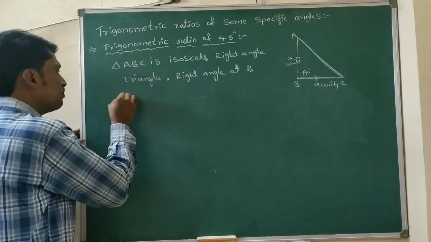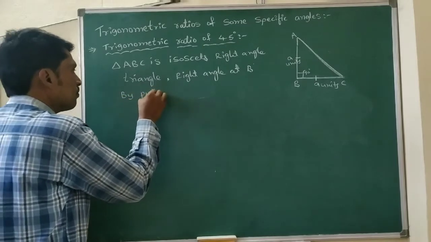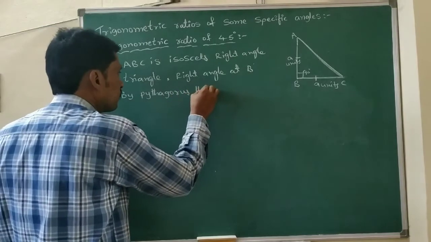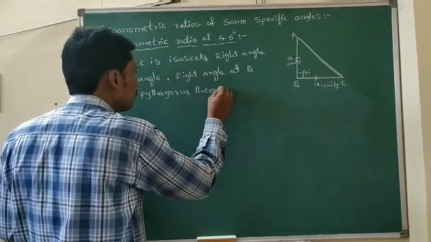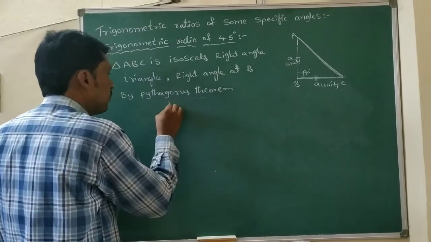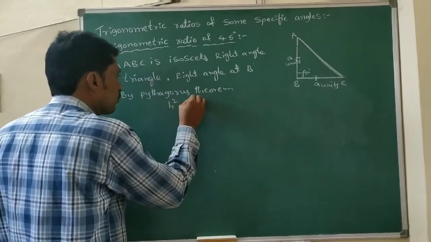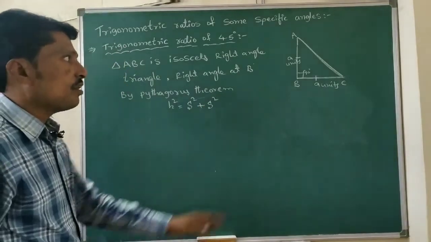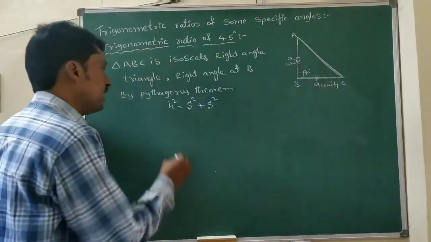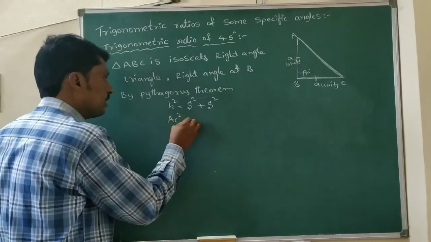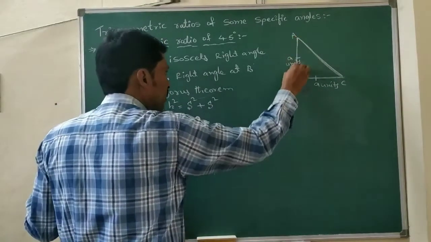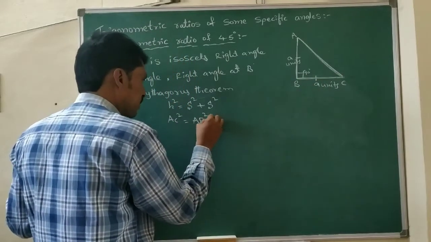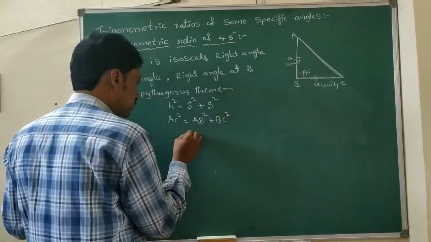So by Pythagoras theorem, hypotenuse square equals side square plus side square. What is the hypotenuse? The hypotenuse is AC. So AC square equals AB square plus BC square.